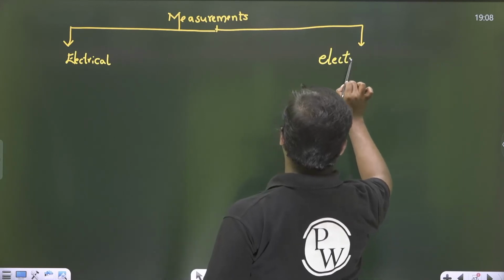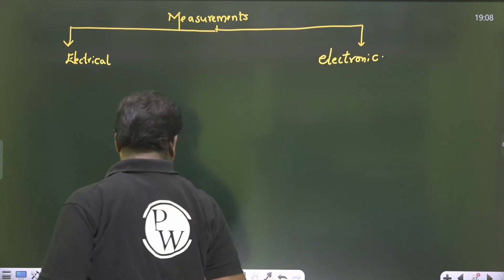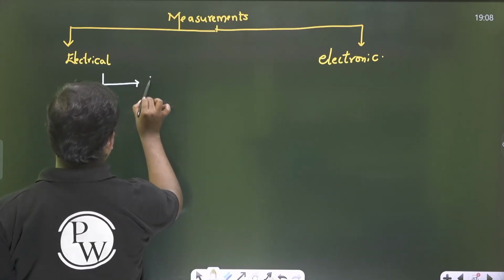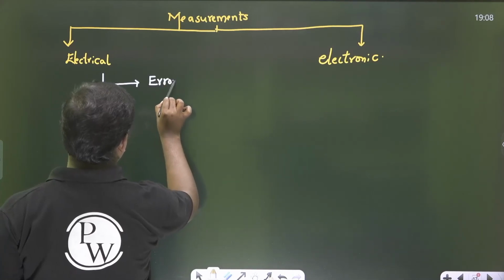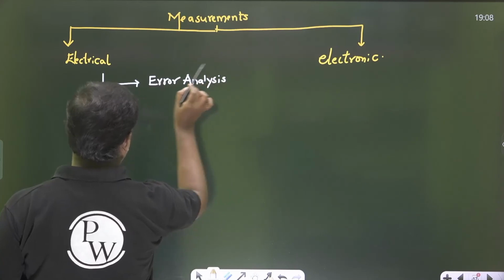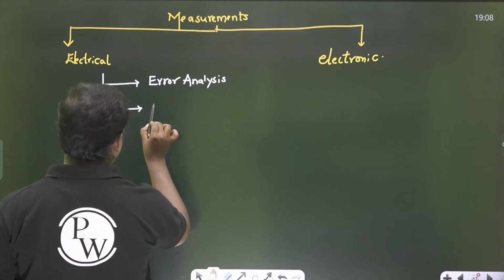Try to segregate and first complete the electrical measurements. In the electrical, you try to complete error analysis first. After the error analysis, go for the measuring instruments.